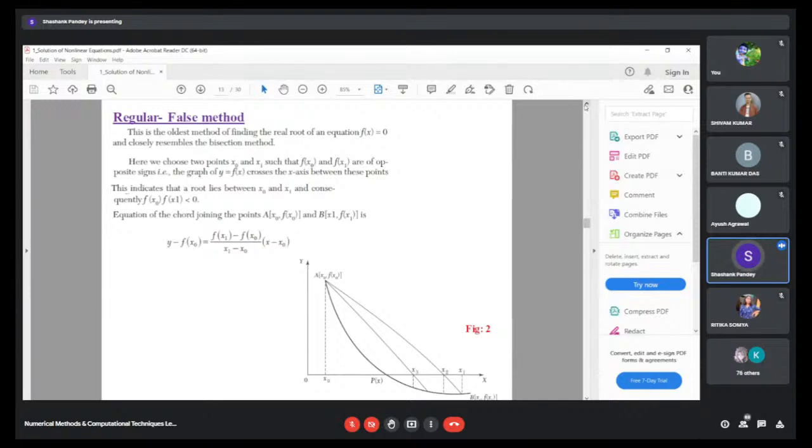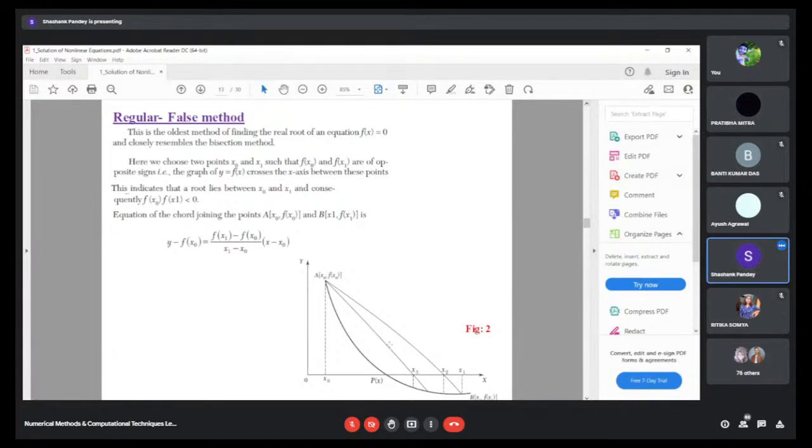What this exercise is: we have joined the points A and B with a straight line, then written the equation of the straight line passing through A and B. It is clear from the figure that this straight line cuts the x-axis at some point x2.